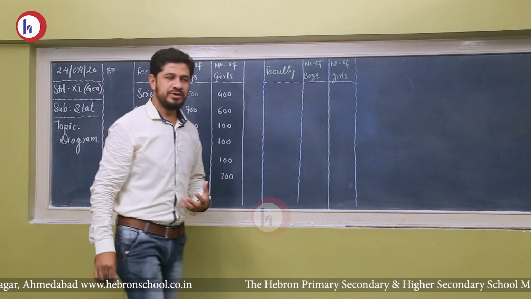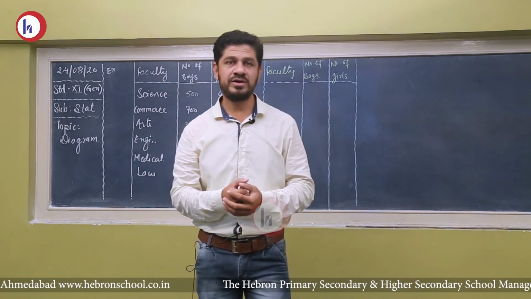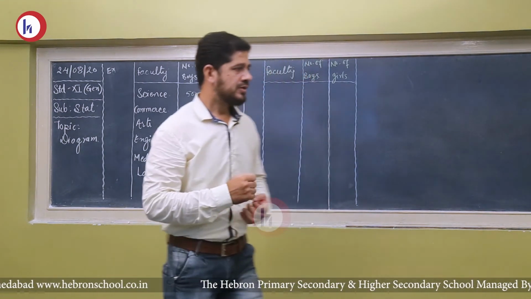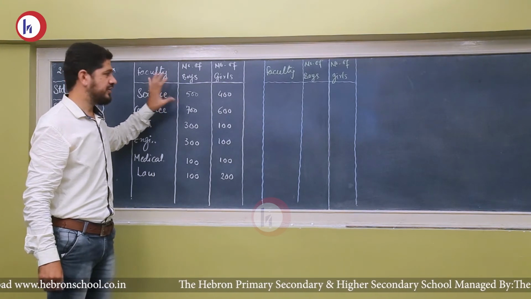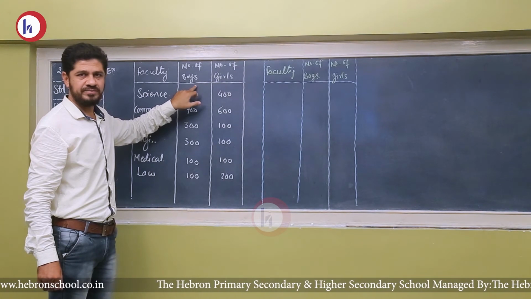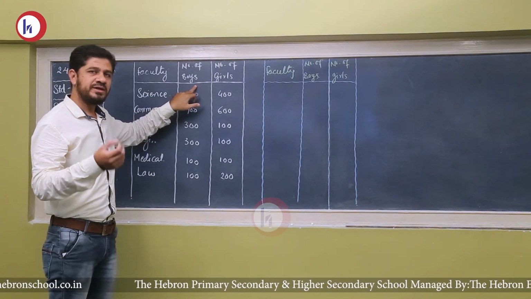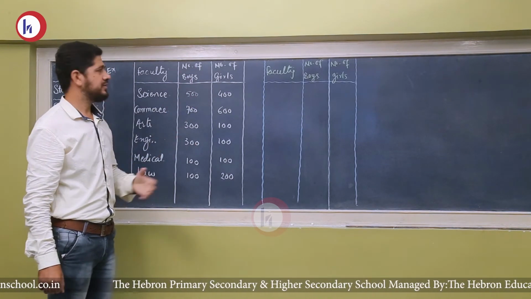Now, as I told you earlier, if the data is not representing time, we will arrange them in ascending or descending order. But we have two data given. So we can arrange the data on the basis of boys, or on the basis of girls.